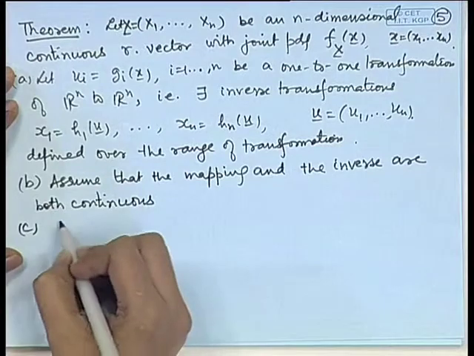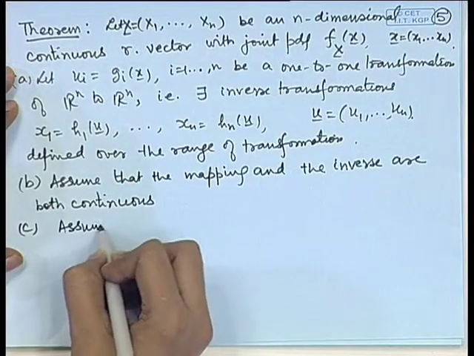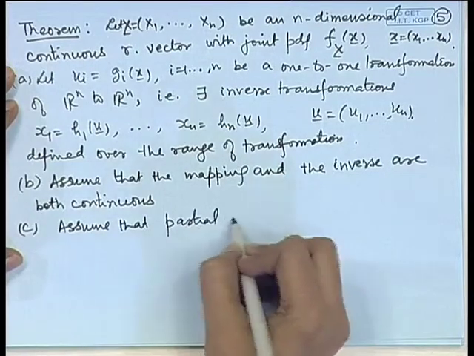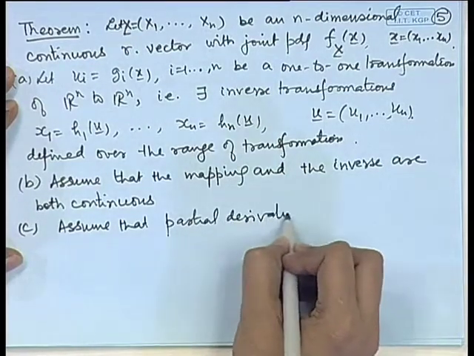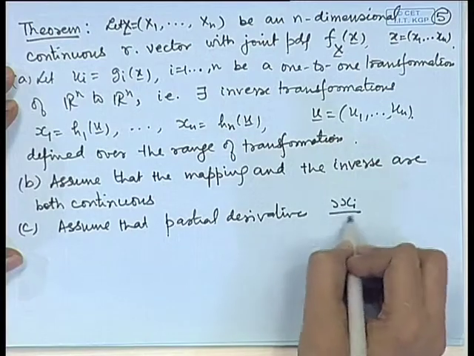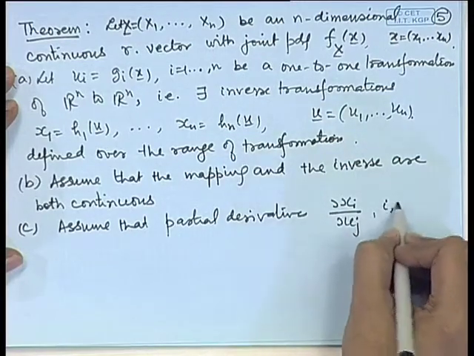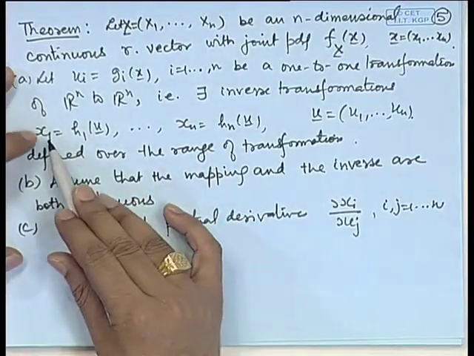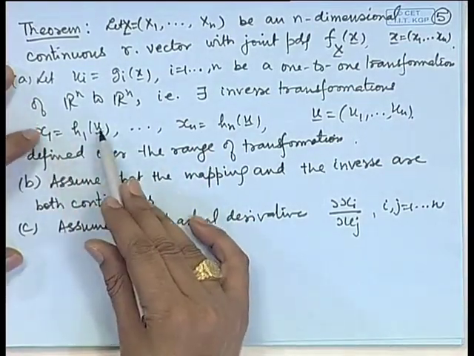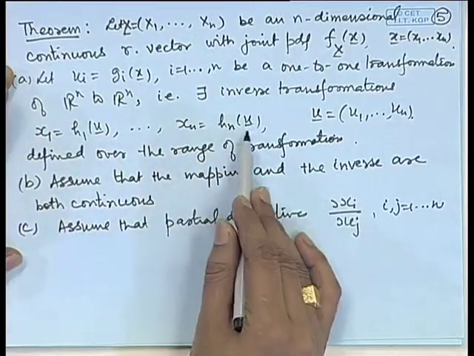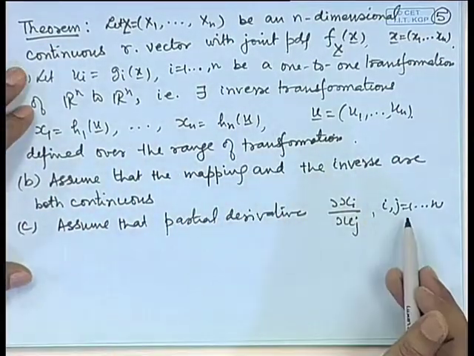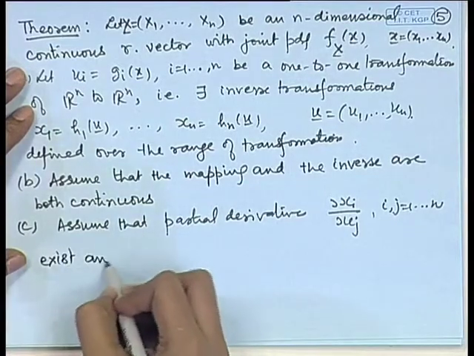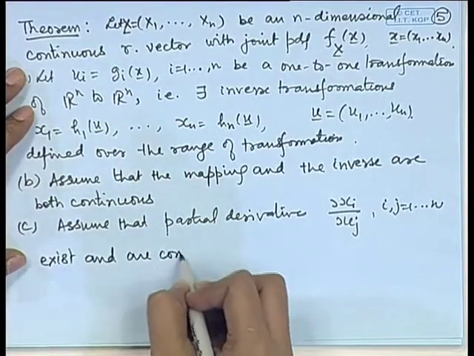Further, assume that the partial derivatives del x_i over del u_j, for i, j = 1 to n, that is, all partial derivatives del x1 by del u1, del x1 by del u2, and so on, all exist and are continuous.